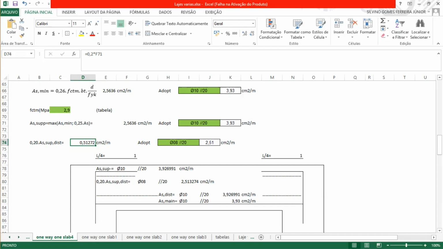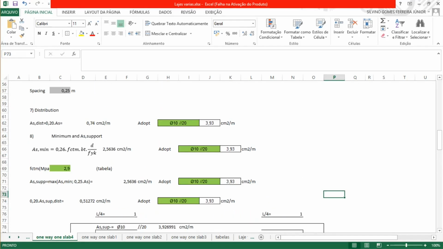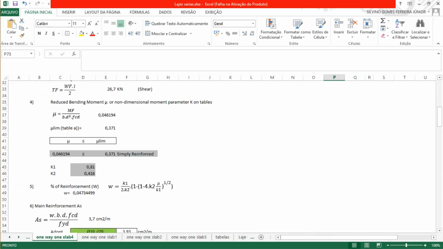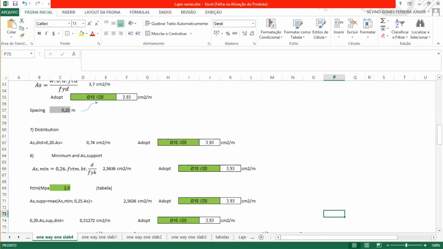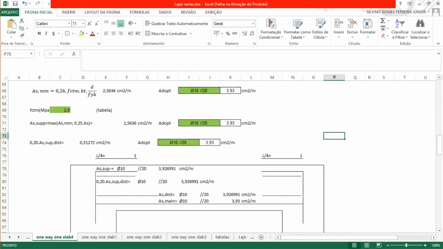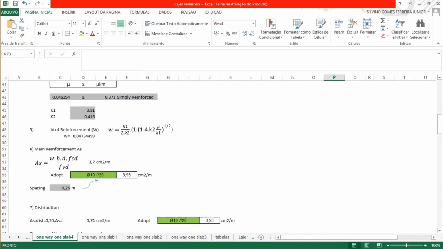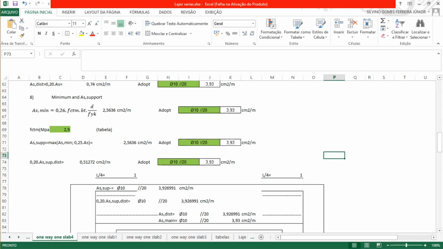So I will maintain here in the distribution bars the same kind, that is diameter of 10 spaced by 20, and I was able to get here a very harmonious reinforcement, maintaining all the 20 spaced. Sometimes it doesn't happen like that, but in this case it did. And the steel I'm using is all 10.